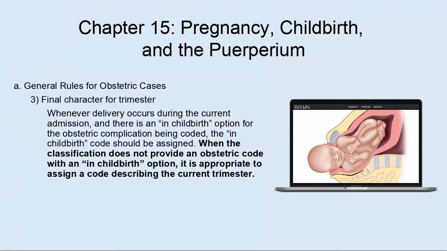So if the code is O24.11, the patient delivers at 30 weeks, there's no in-childbirth option, so use a code for third trimester, O24.113. So if there's no in-childbirth option and they deliver, just use the code for the appropriate trimester.